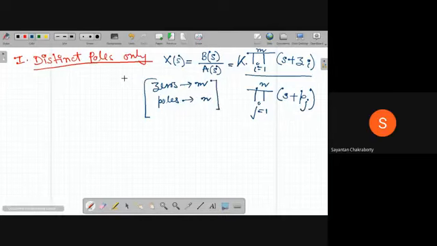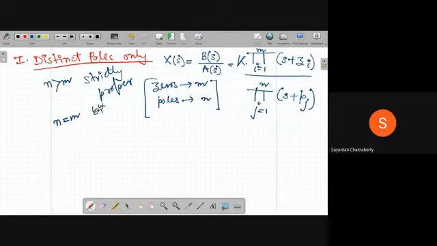So what are the situations that may occur between the relation between n and m? If n is greater than m, what is this system called? This system will be called a strictly proper system. The number of poles is more than the number of zeros. If n equal to m, then you call it a biproper system.